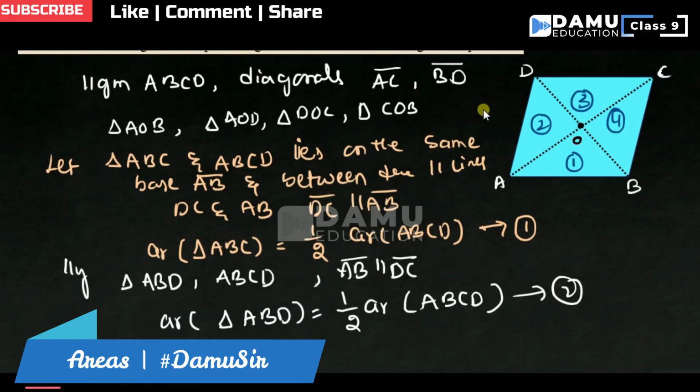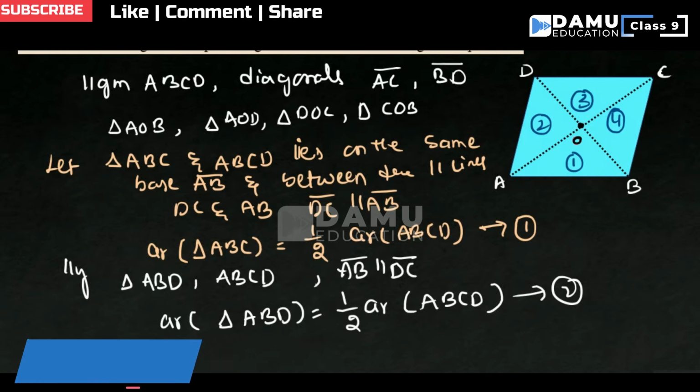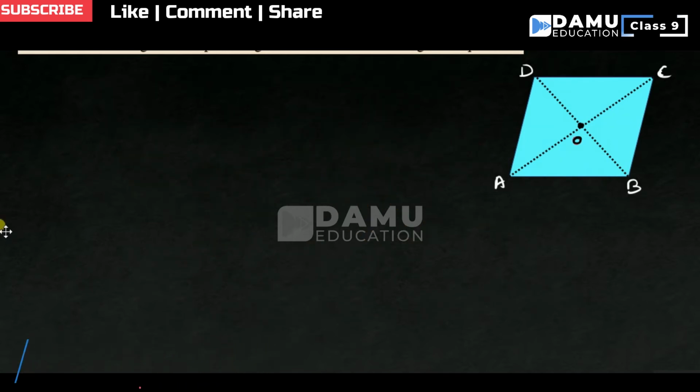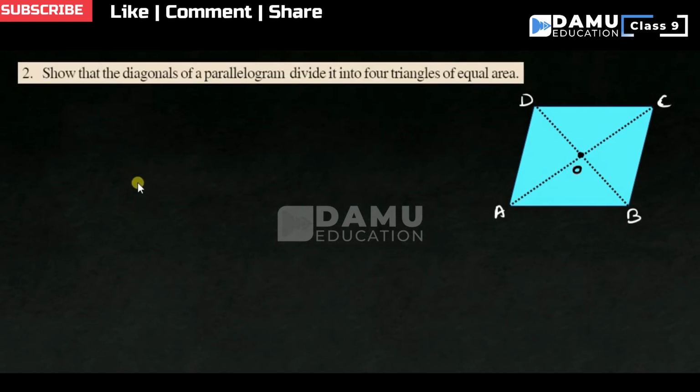Then let's consider triangle AOB. In triangle ABC, OB is the median. Why? Because O is the midpoint of AC, since in a parallelogram, diagonals bisect each other.